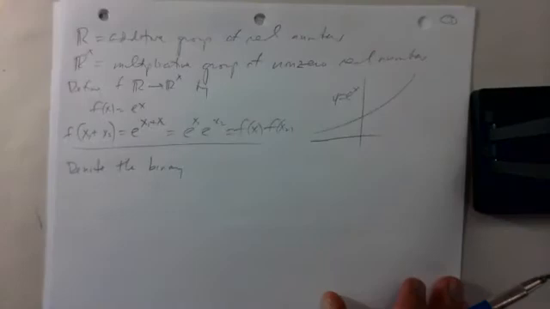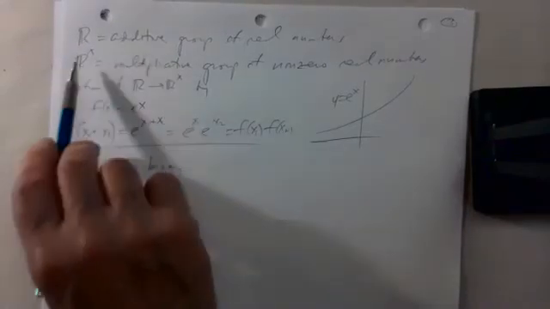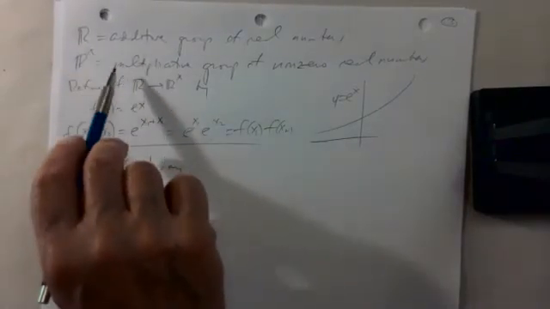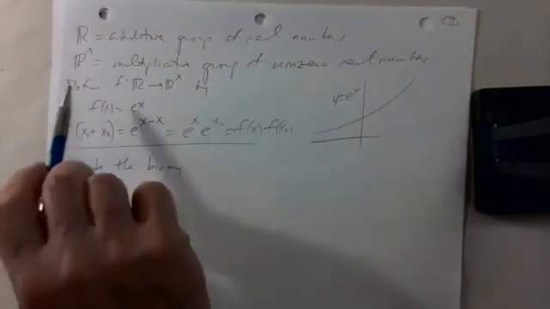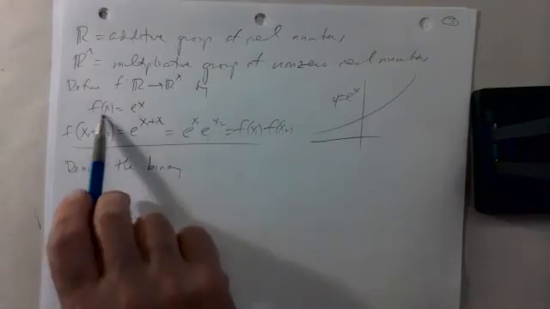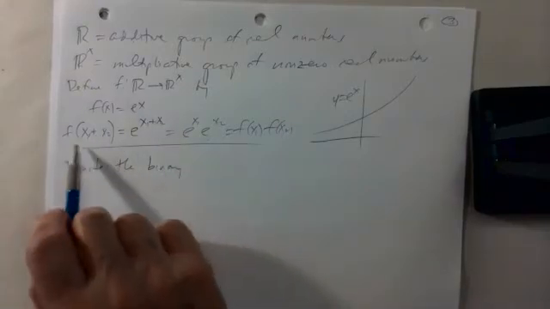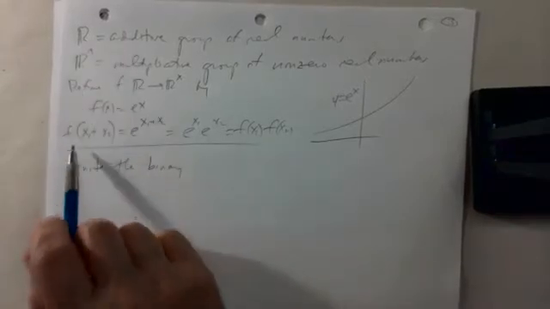So an example of a homomorphism is the following. I take R, the additive group of real numbers. I take R star to be the multiplicative group of the non-zero real numbers. And I define a function from R to R star by exponentiation. F of x is e to the x. So what does it mean to have a homomorphism?